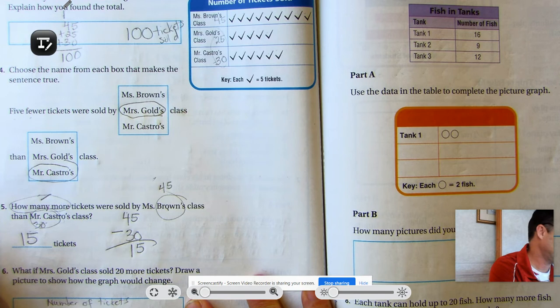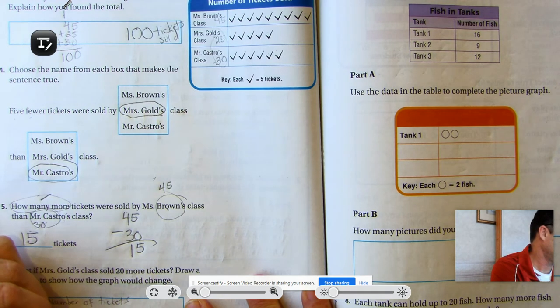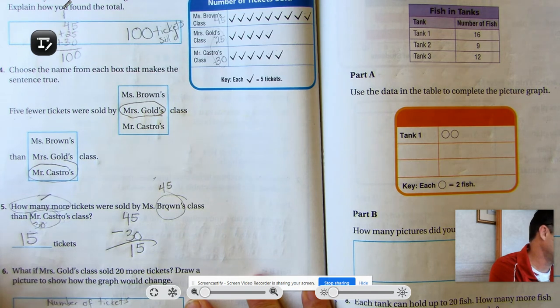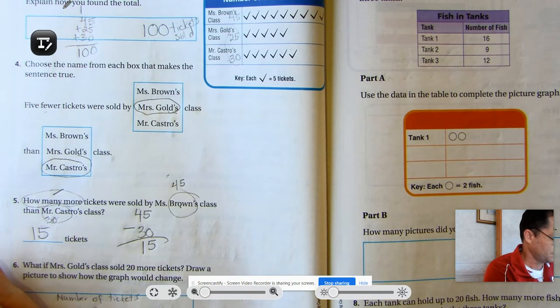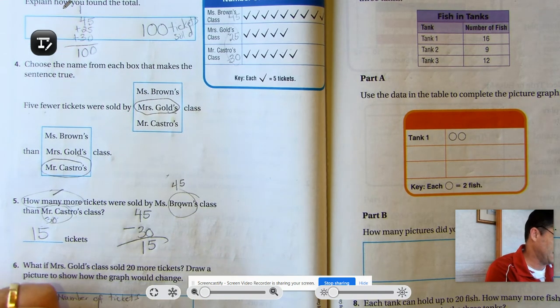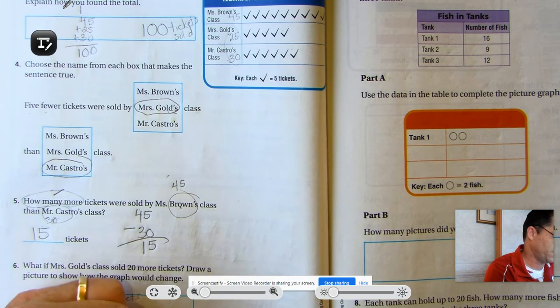We have Miss Brown's class, Mrs. Gold's class, and Mr. Castro's class. And then our key says each check mark equals 5 tickets.